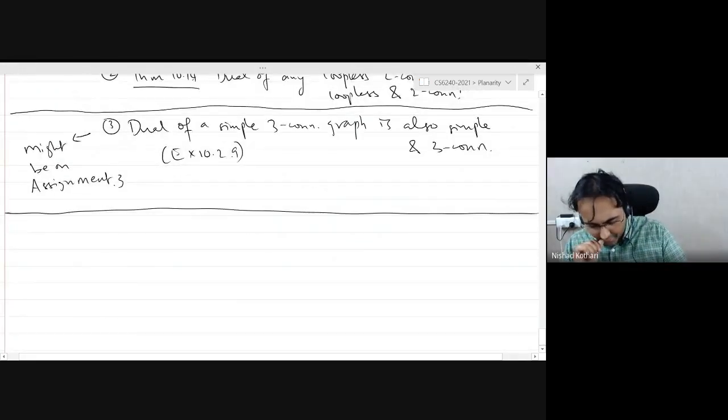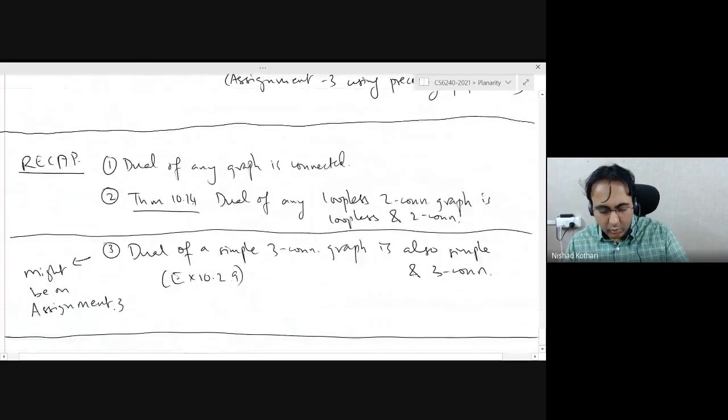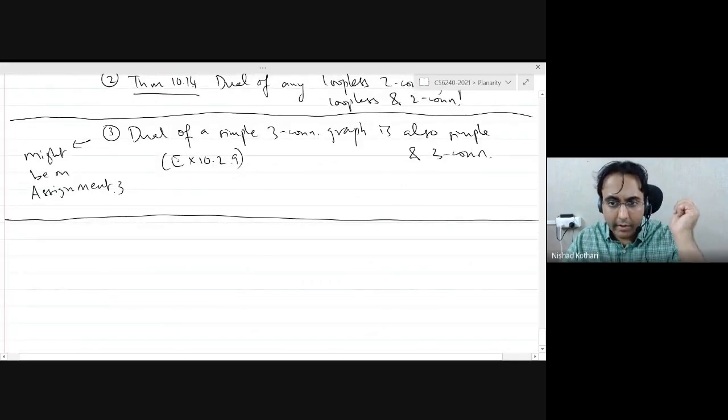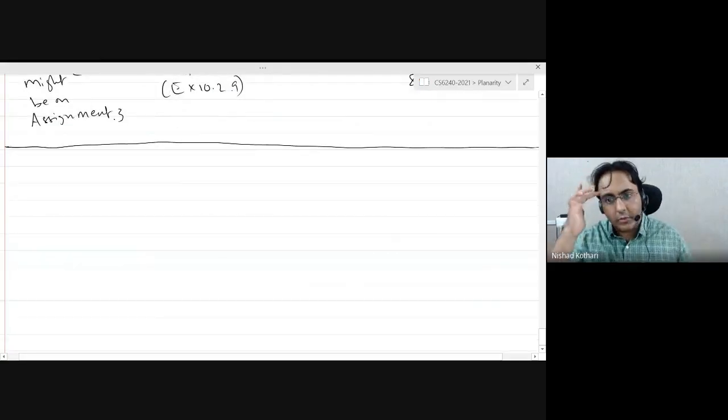Okay. And now I want to do one last thing about duality, which is I want to connect this with the vector spaces, the cycle space and the bond space that we discussed early on in the course. Okay. And once we do that, we will move on to Euler's formula. And in the next 2-3 lectures, we will be focusing on proving Kuratowski's theorem.